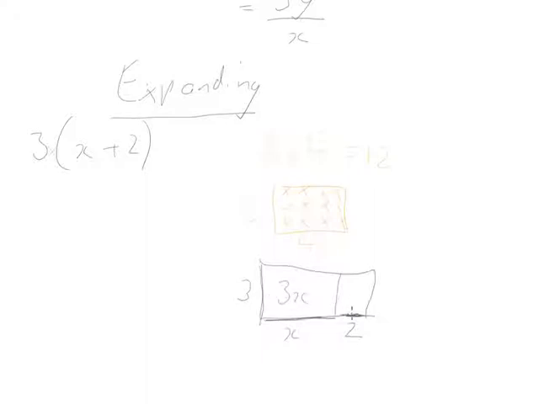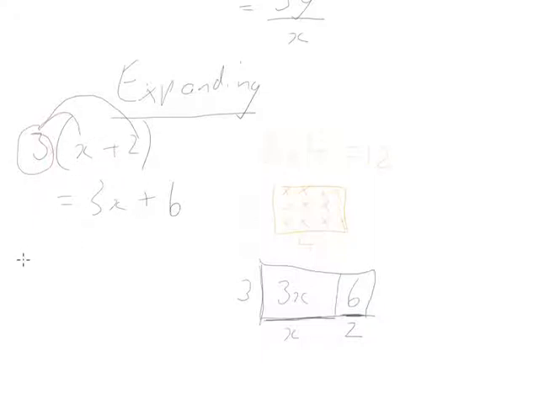This last area here is 3 here, 2 there, it's going to make 6. So this gets me for an answer, 3x plus 6. You can think of it as just taking what's out the front here, so the 3, multiplying it by both what's in brackets. So 3 by x is 3x, 3 by 2 is 6.